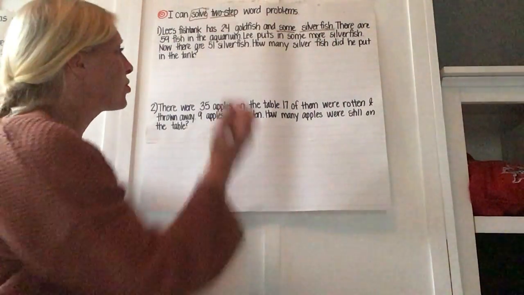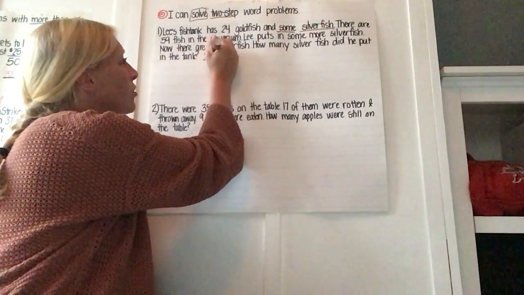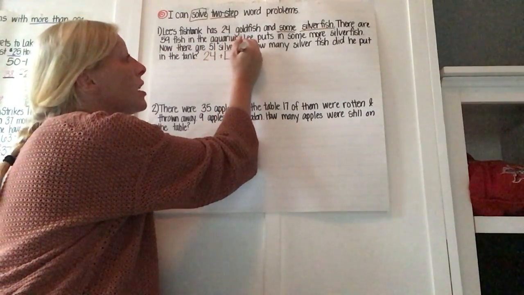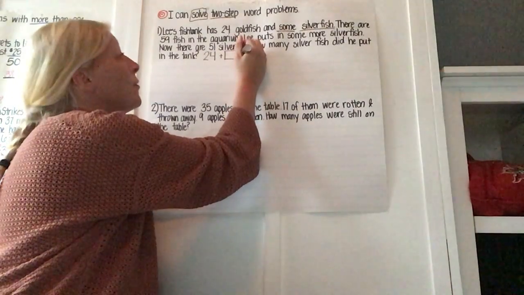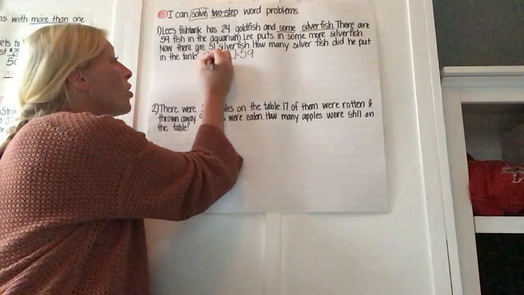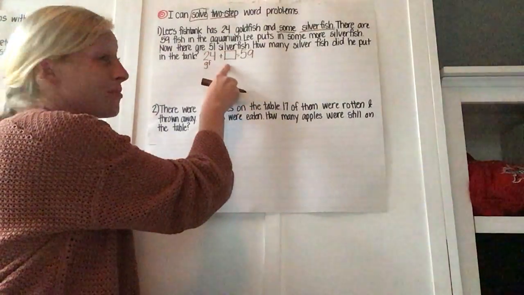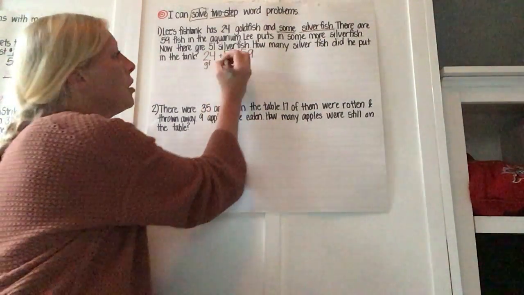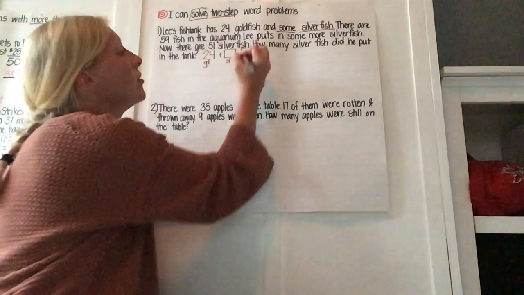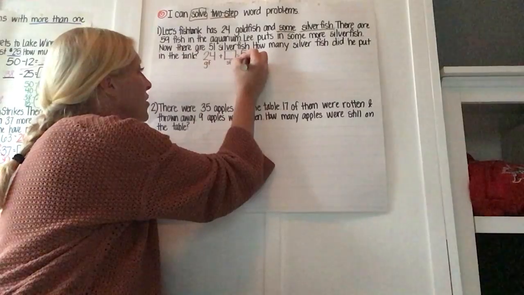What did you put first? 24 plus box equals 59. Okay, so what does that 24 represent? Our goldfish. What does our box represent? Our silverfish. And 59 is all the fish in that tank.